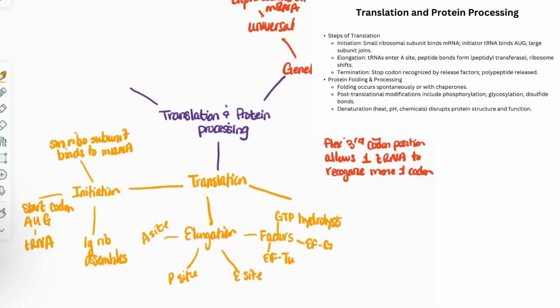Our last branch is termination, and we have 2 branches from that one. The polypeptide is released, and then stop codons.